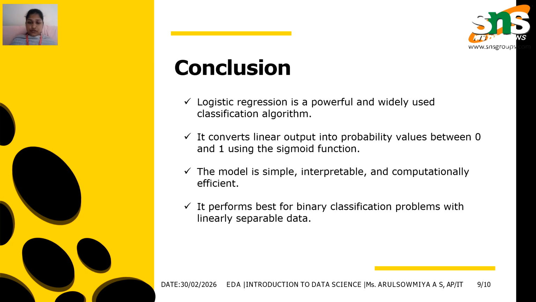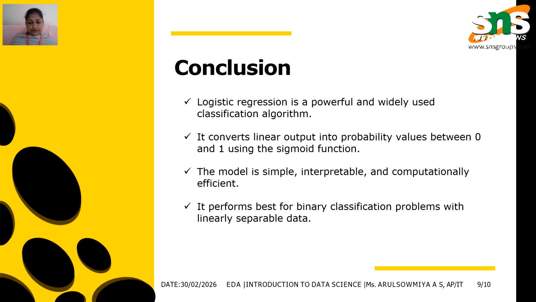So coming to the conclusion, logistic regression is a powerful and widely used classification algorithm. It converts linear output into probability values between 0 and 1 using the sigmoid function, which lies on a graph of x-axis and y-axis. Basically this model is simple, interpretable and computationally efficient.